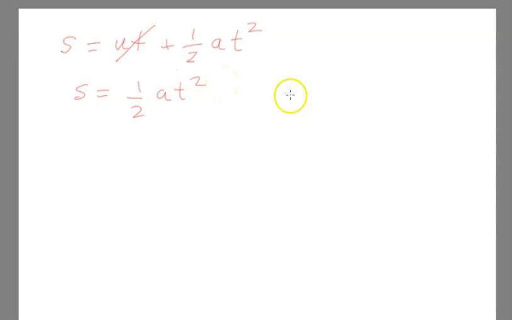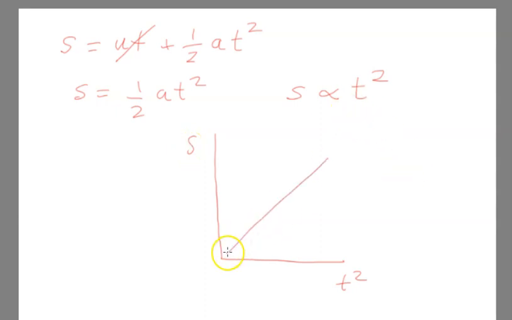So looking at this, we can say displacement is directly proportional to t squared. So that means if we produce a graph of t squared versus position, we will get a straight line.